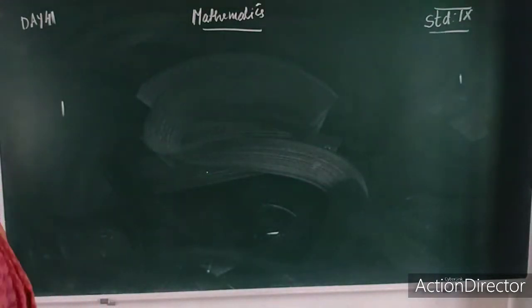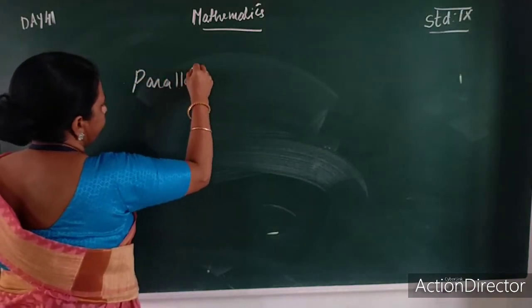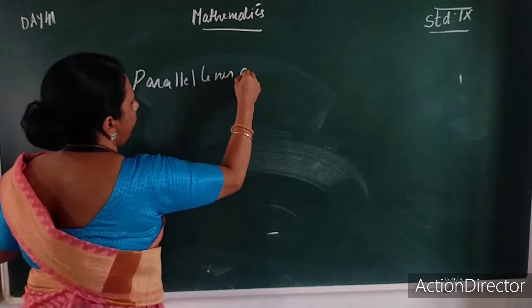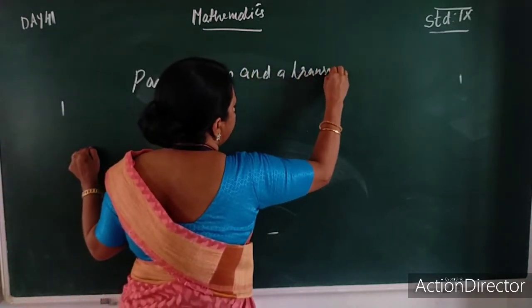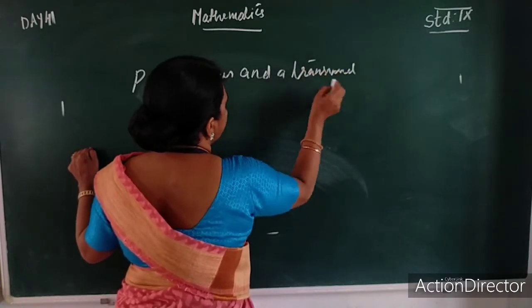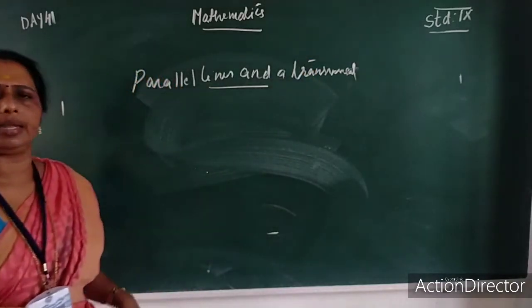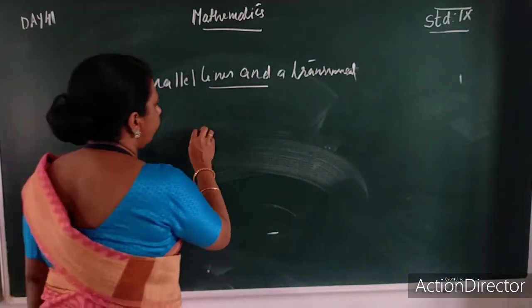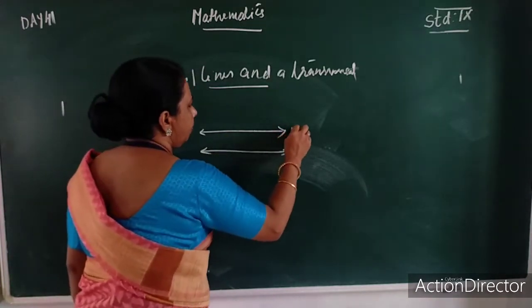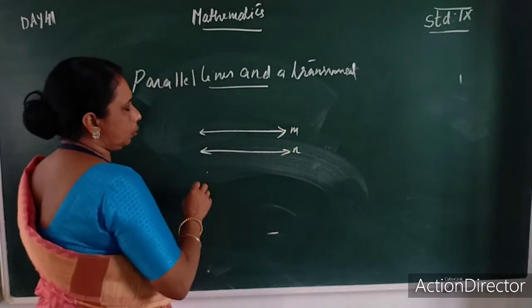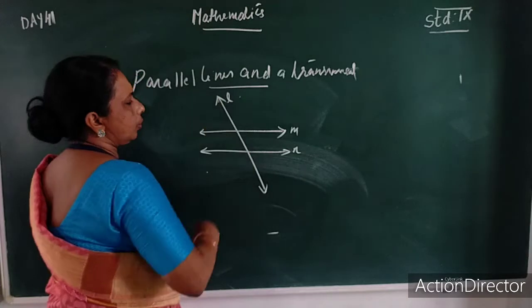Parallel lines and a transversal. Listen. M and N are two parallel lines, and N is a transversal.